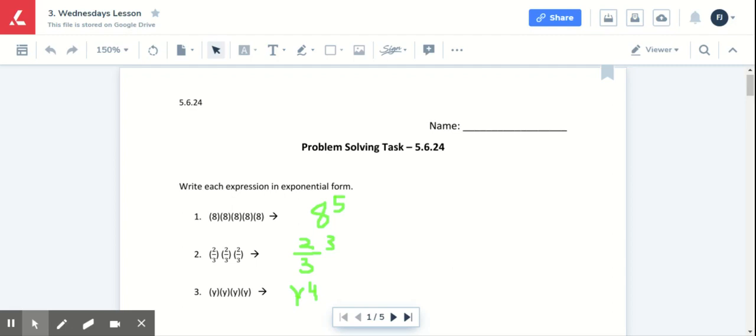Yep, we can. For number 1, we can do 8 times 8 times 8 times 8 times 8 and find a value. And for number 2, we could do 2/3 times 2/3 times 2/3, and we can also find a value for that. But we can't find a value for number 3 because we don't know the value of y.